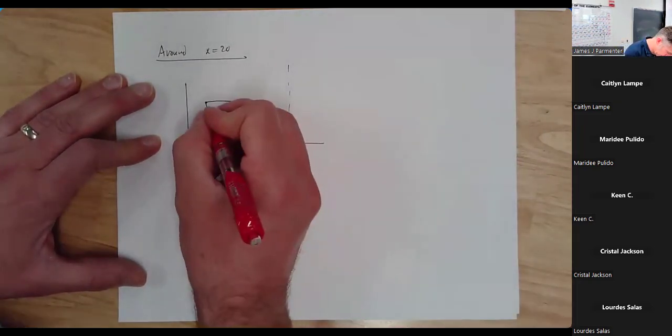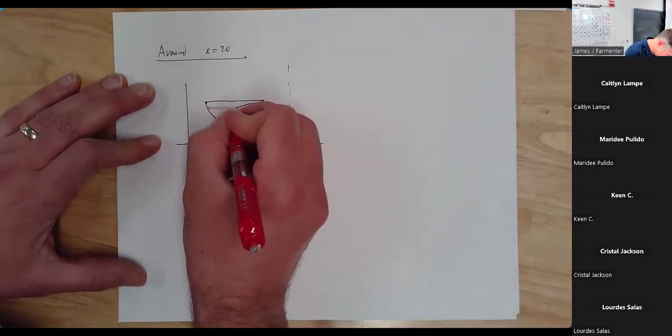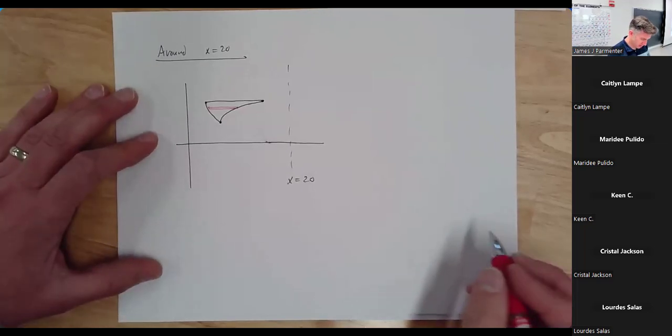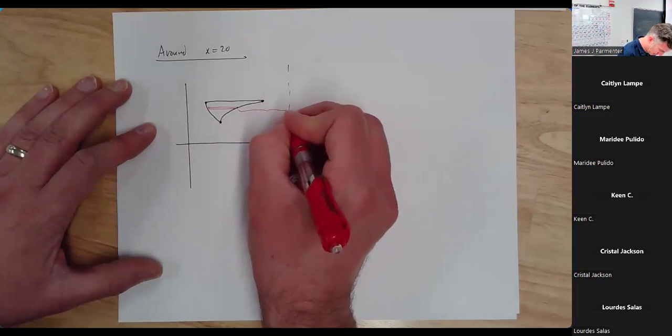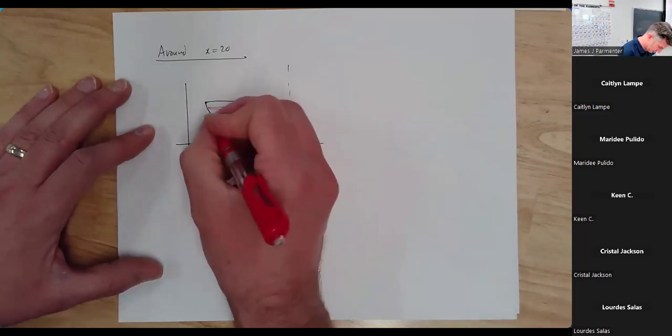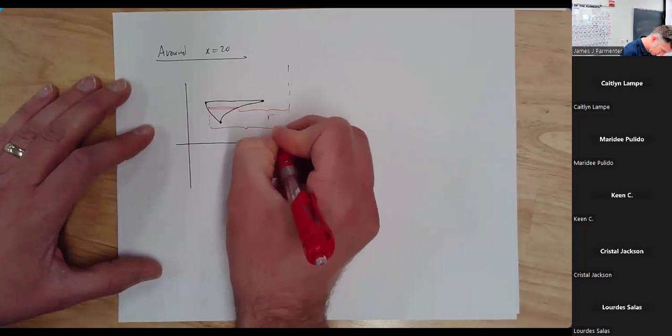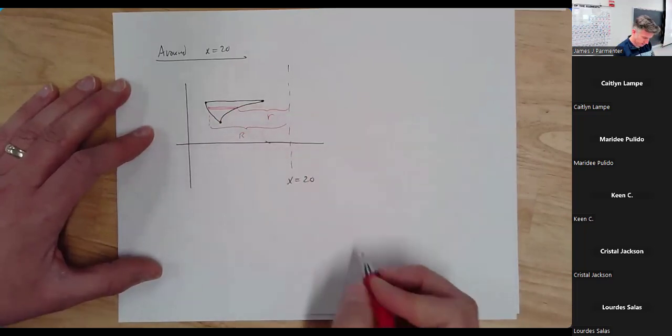There's my horizontal strip again. And looking at this, here's my inner radius. There's my outer radius.